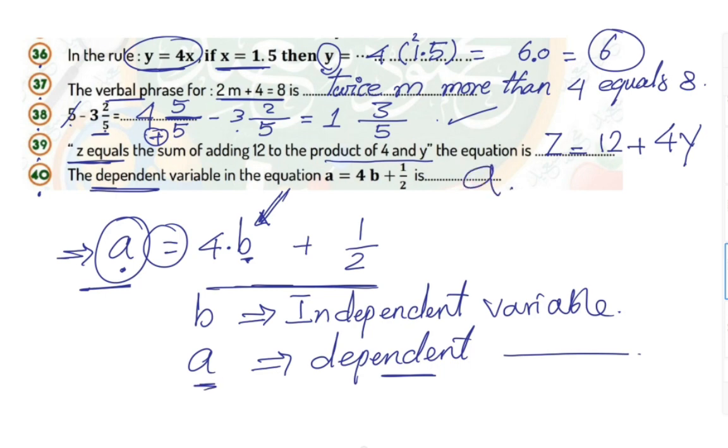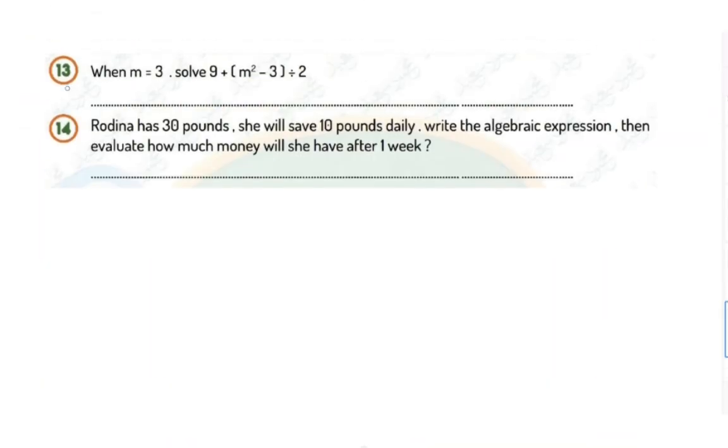Now we finished question number 2 completely. Let's go to question number 3. Answer the following. We have point number 13. When m equals 3, solve 9 plus parentheses of m power 2 minus 3, divided by 2.